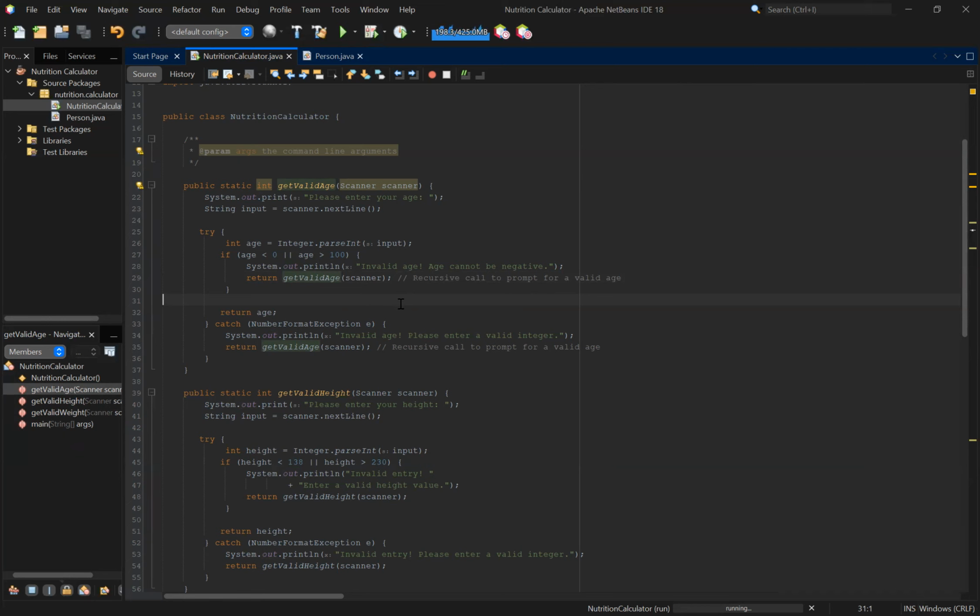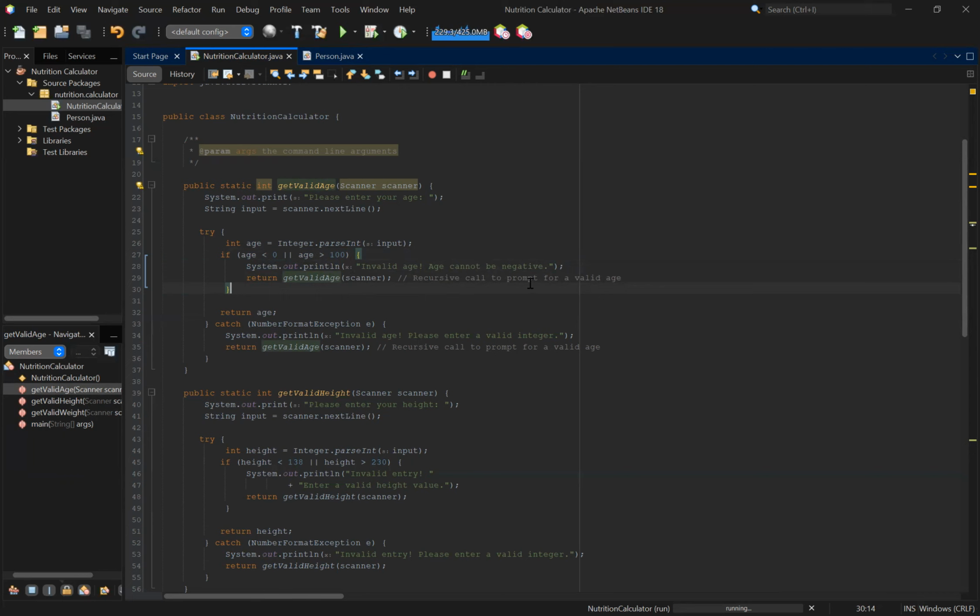There's the user's age, their height, their weight, and basically, every time the person using the program types in a value greater than 100 years or less than zero, they are going to get an error message and be asked to type in a valid value, somewhere between 0 and 100.